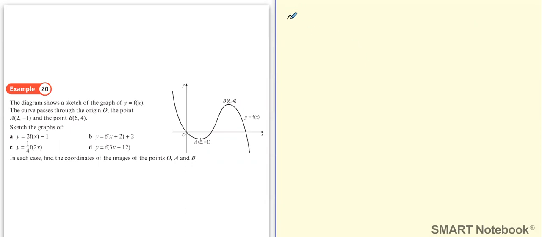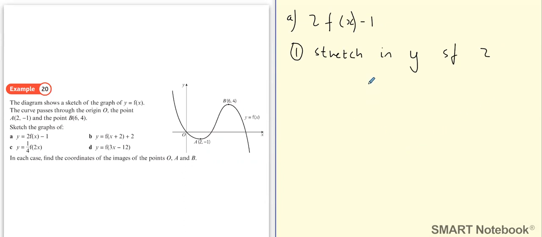So for part A, we have got 2f of x minus 1. Now the 2 and the 1 are outside the bracket, so first we said stretch in y, scale factor 2. So first I'm going to do that. If it goes through the origin, 0 times by 2 is still going to be 0.